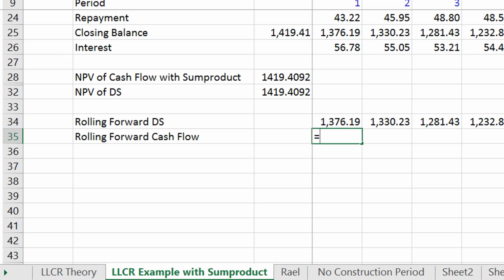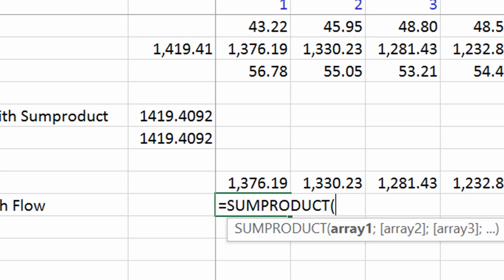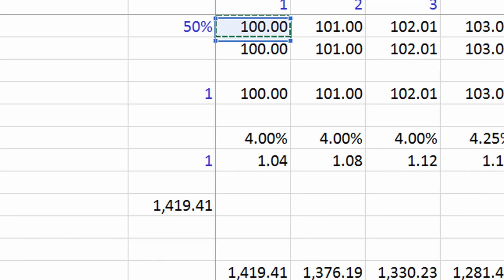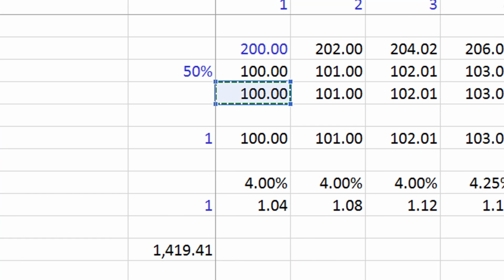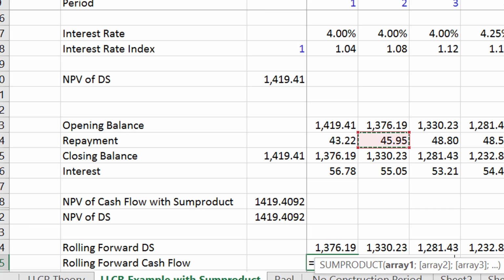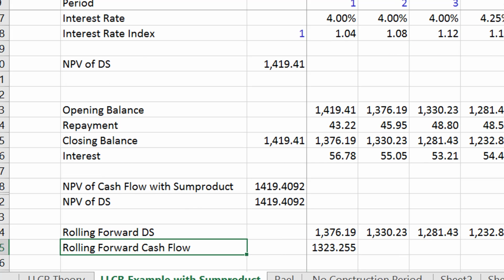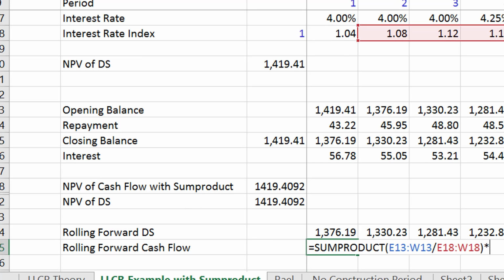So we'll do the same thing now. We just take the sum product of this time the cash flow. So we go to the next period cash flow divided by this, and we also have to multiply it by the last period thing.